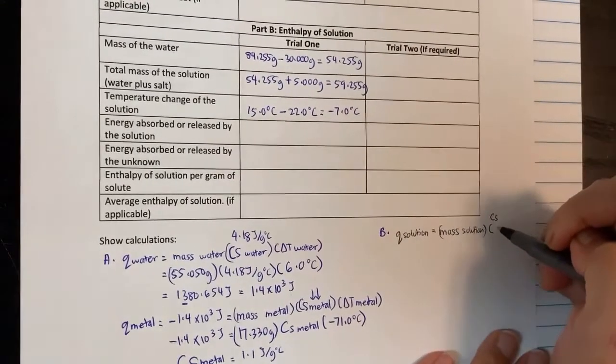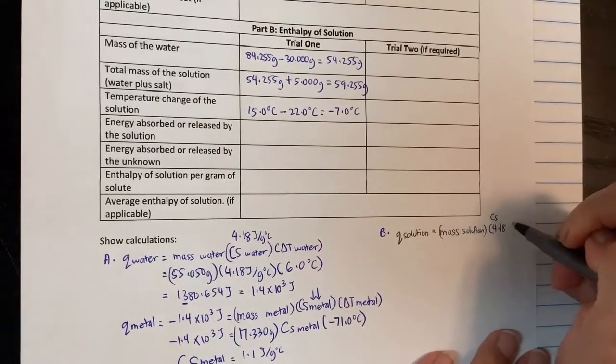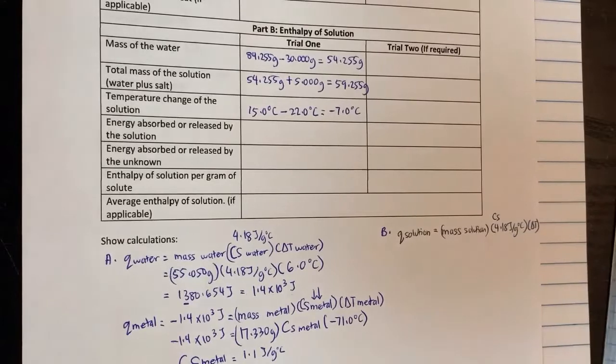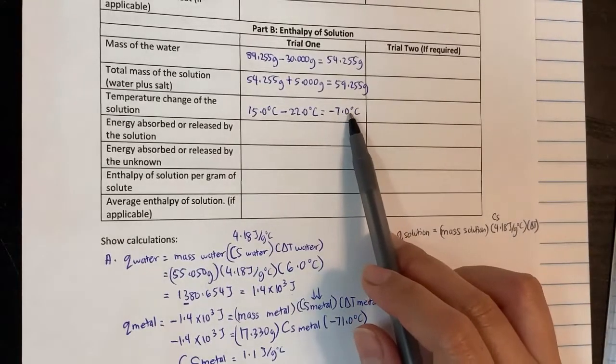You assume this is 4.18 joules per gram Celsius. And then we have delta T of the solution, and the delta T is this value right here.